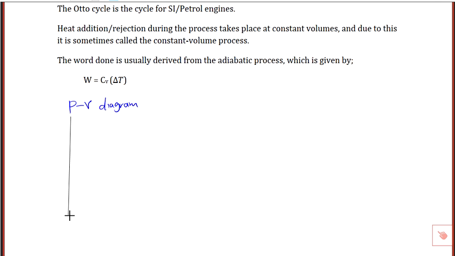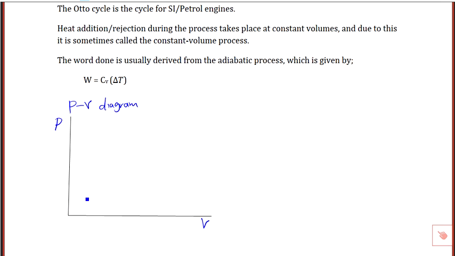So the vertical is usually for the pressure, and the horizontal is for volume. So here is our P, here is our V, pressure, volume.